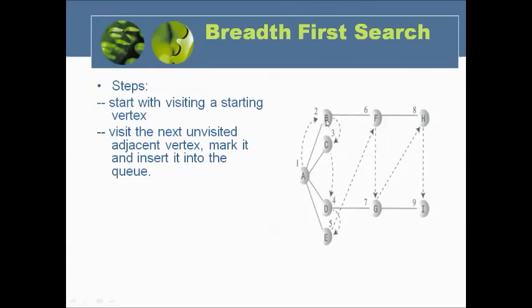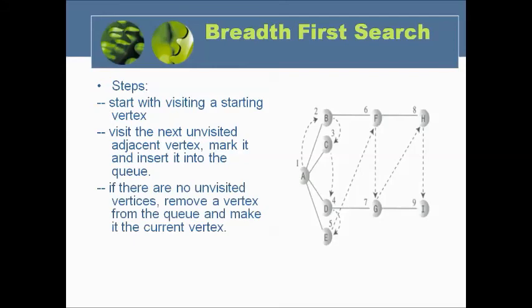Letter B. Visit the next unvisited adjacent vertex and then mark it and insert it into the queue. So next is, if there are no unvisited vertices, remove a vertex from the queue and make it the current vertex. So you will see here, guys.